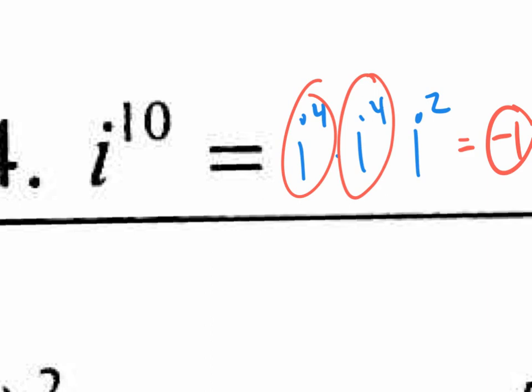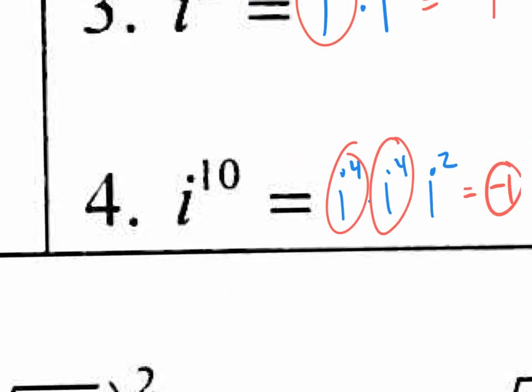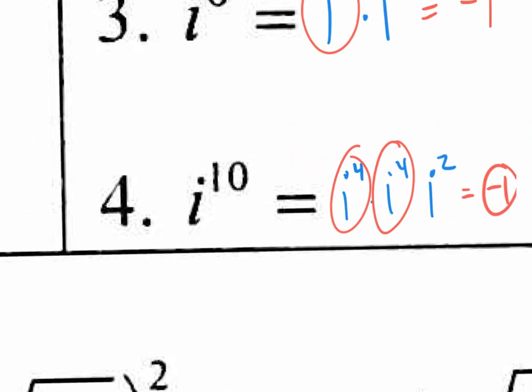Okay, so all we need to do, in a sense, is understand that i to the 4th equals 1, and i to whatever power, let's say i to the 25th power. Is 25 divisible by 4? No, okay, so 4 times what gets you close to 25?